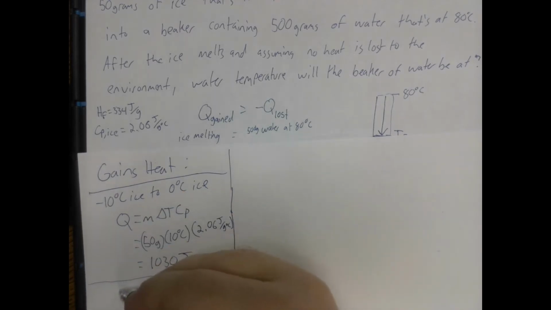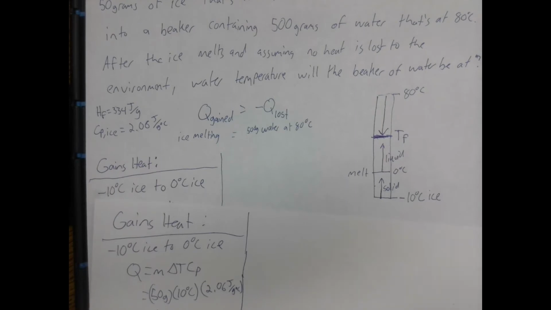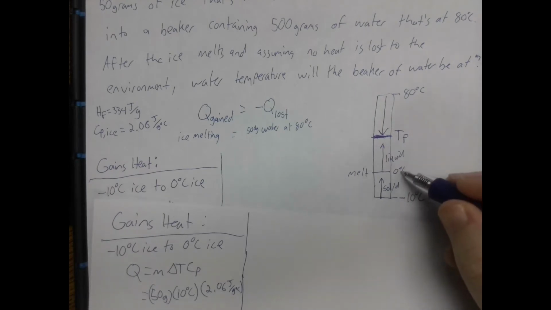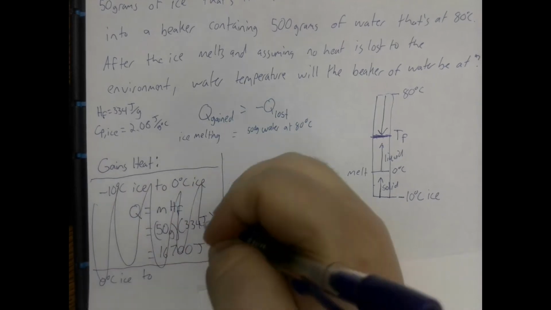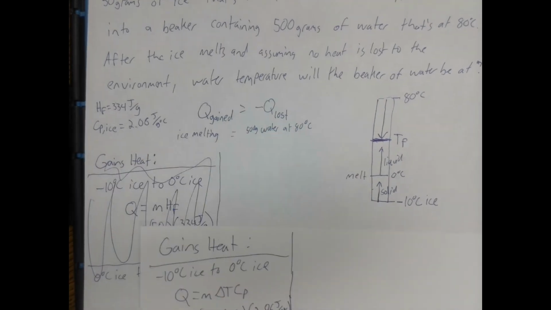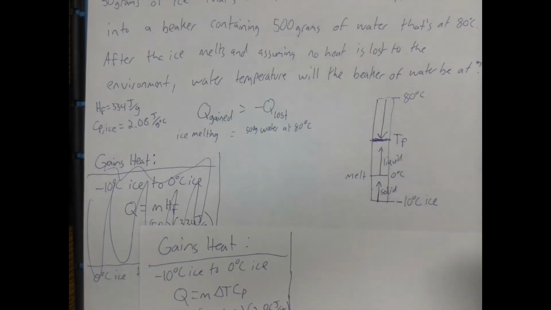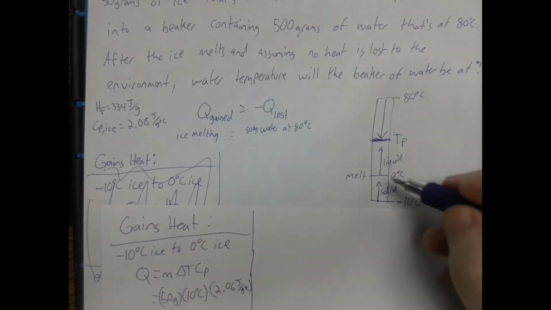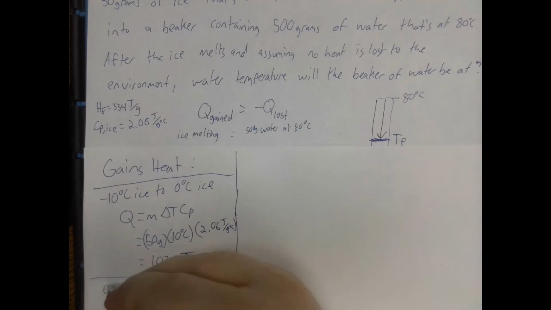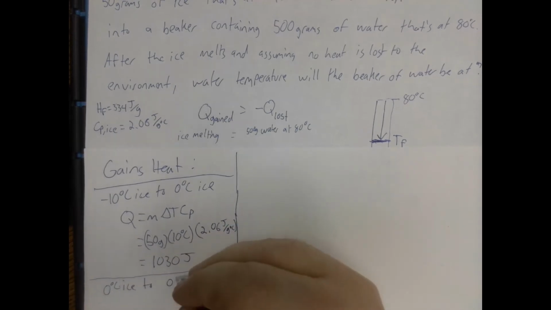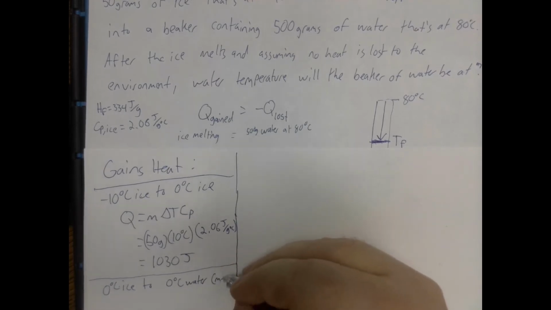Next, we're going from negative 10 to 0, and now we're going to do the melting phase. So 0 degrees Celsius ice to 0 degrees Celsius water. This would be your melting.